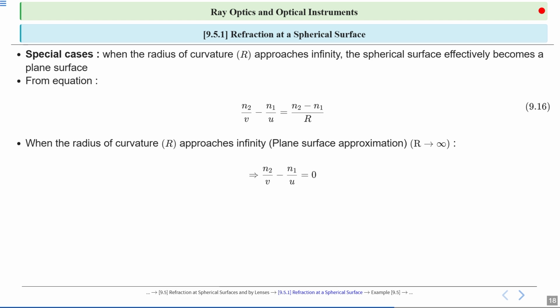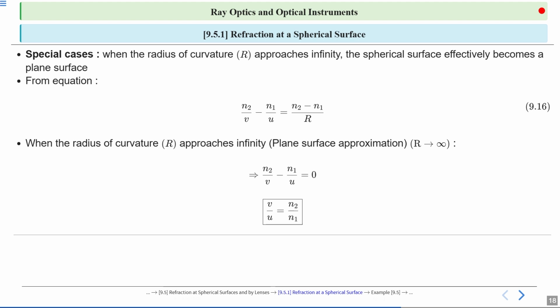That means n2 upon v equals n1 upon u, and after rearranging we will get v upon u equal to n2 upon n1. So this is a powerful result because it shows the direct relationship between the image and object distance and the refractive indices.